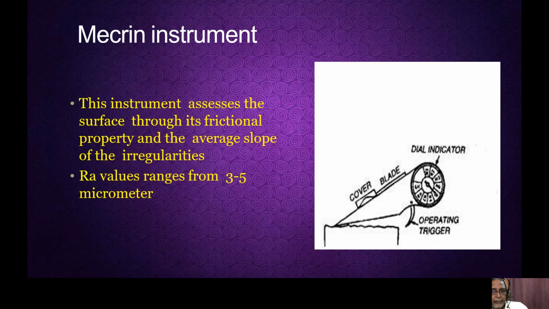You can see here, this is an operating trigger. When you press the operating trigger, the instrument is moved over the job and we will be able to find out how much roughness it has. The Ra value ranges from 3 to 5 micrometers.